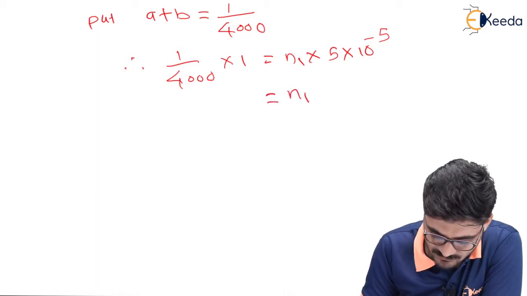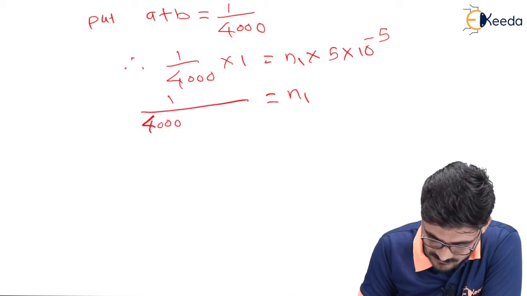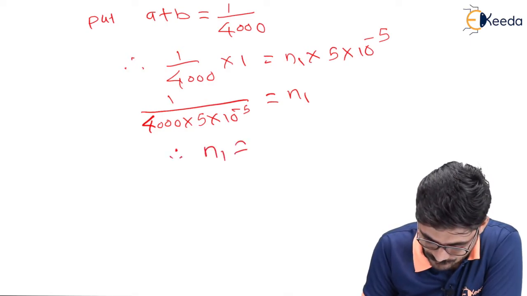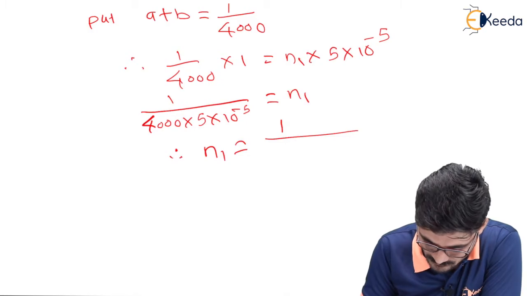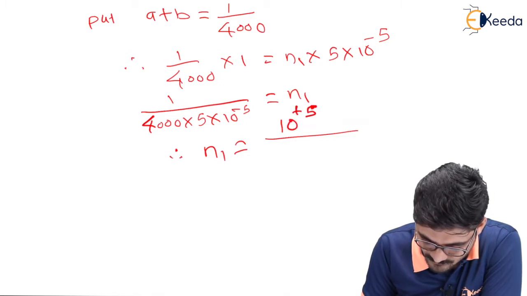So I will get n1 equal to 1 upon 4000 into 5 into 10 raised to minus 5. Therefore n1 is equal to 1 upon, this 10 raised to minus 5 will go up and become plus 5, upon 20,000.